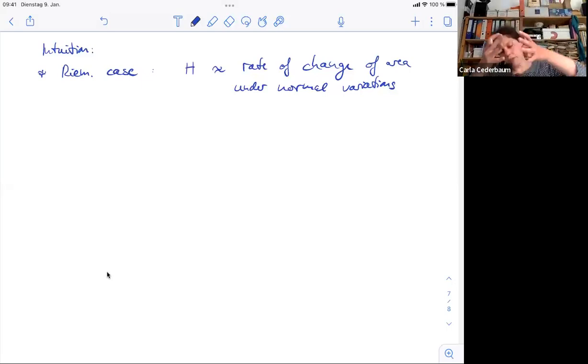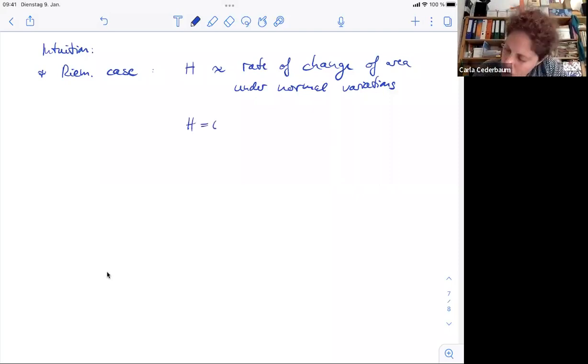So if H is positive, then if I vary my surface a little bit in the ambient Riemannian space in the normal direction, like this, for example, varying it makes the area larger.